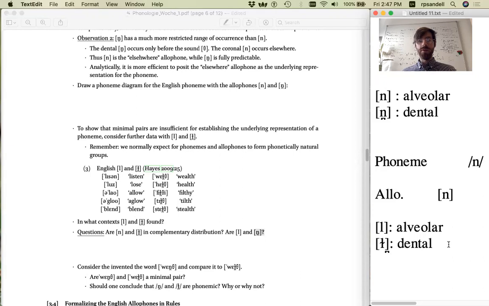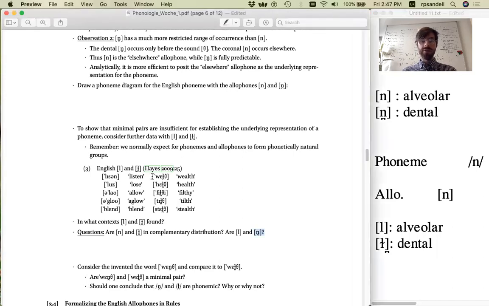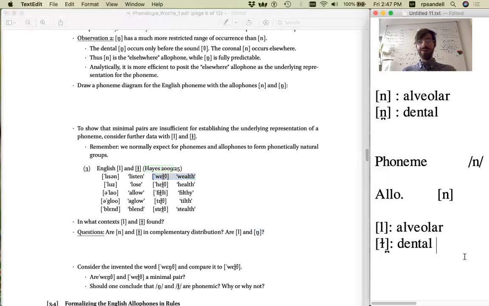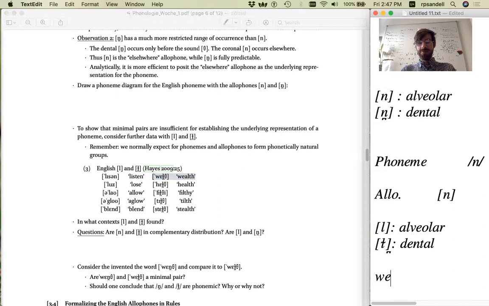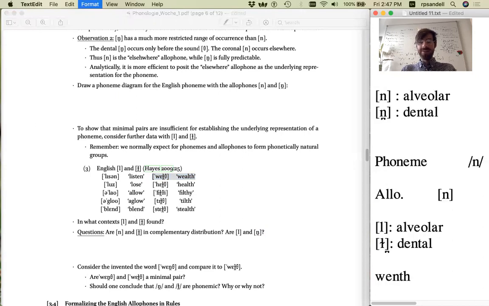we have to look for some other minimal pairs to try to decide what sounds have to belong to different phonemes. So let's take, for instance, the existing English word wealth, and I could invent an English word which would be written as when. It doesn't exist, but that would be a possible word of English.